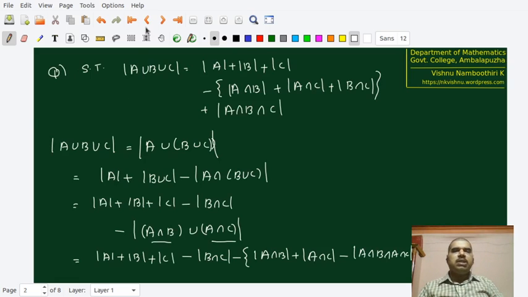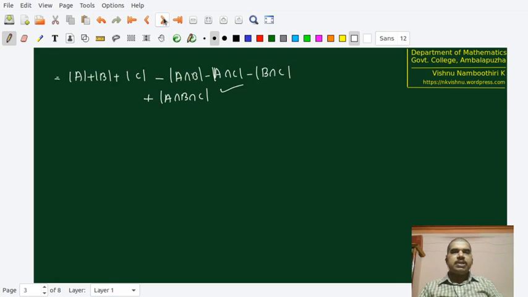So the three set case, what we have is A union B union C. The cardinality is cardinality of A plus cardinality of B plus cardinality of C minus take the intersection pairwise and subtract them. Now take the intersection of everything together. So if you want to extend this result to n sets, n any number of sets, all are finite, we will get the inclusion exclusion principle.